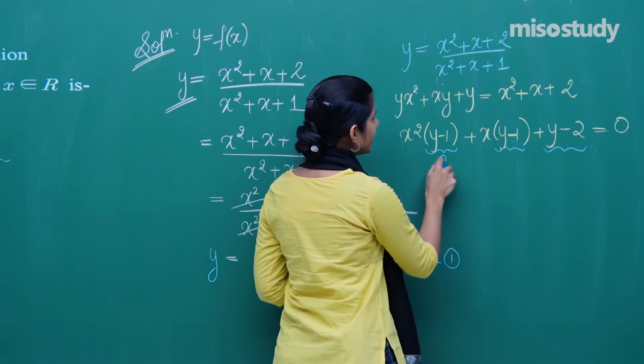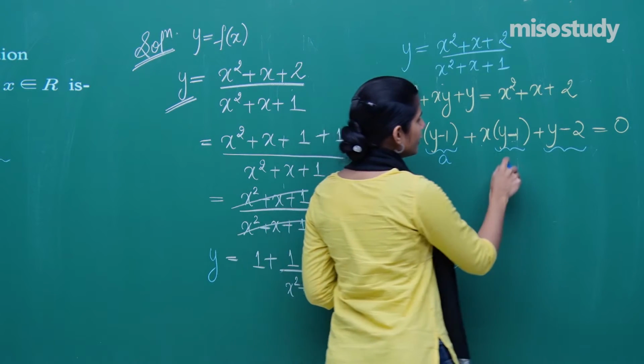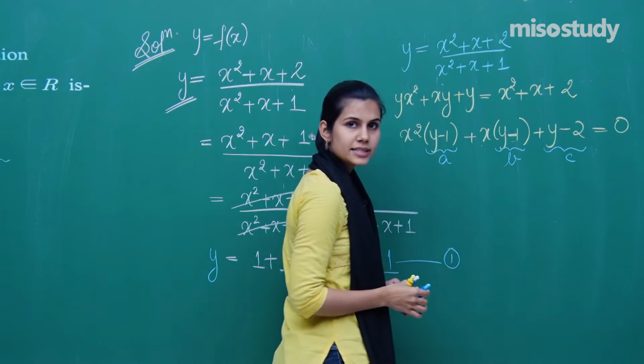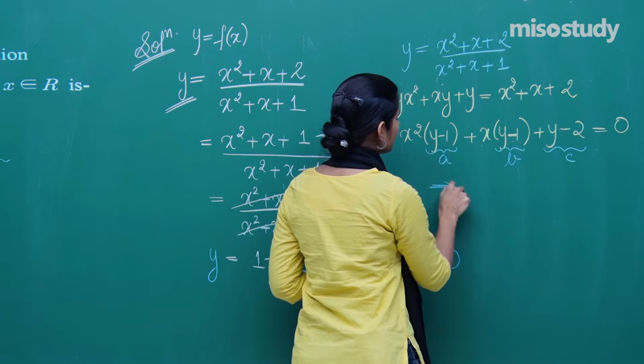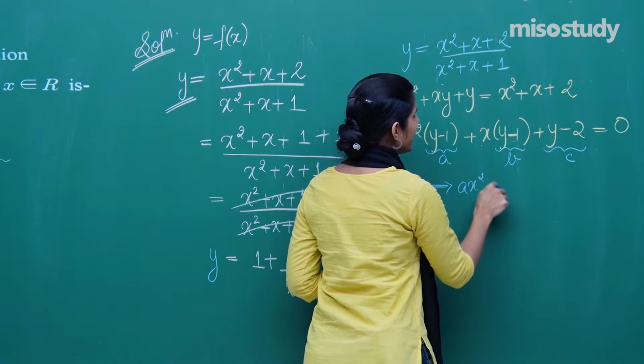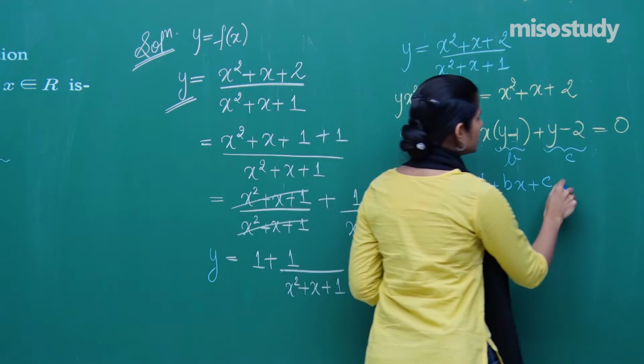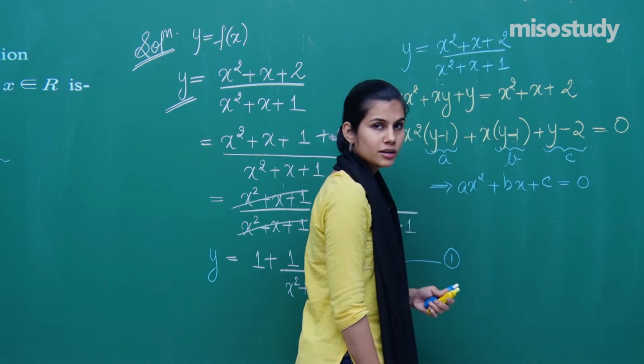Can I say if I take y minus 1 as a, this y minus 1 as b and y minus 2 as c, this is nothing but the expression ax square plus bx plus c equals 0.